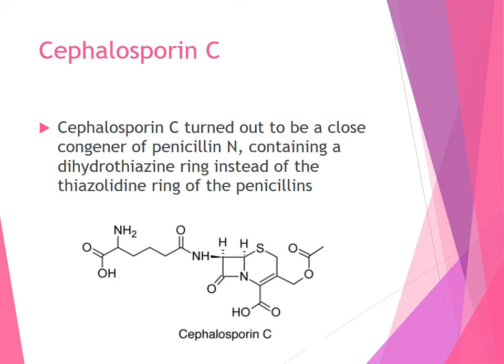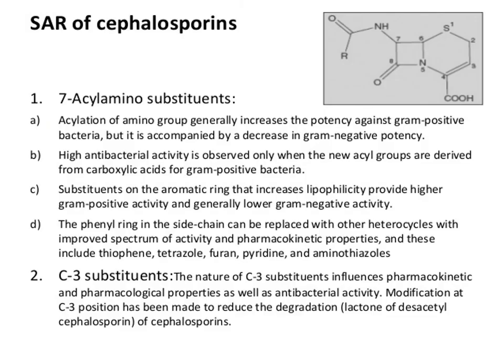Next, we have cephalosporin C. Cephalosporin C turned out to be a close congener of penicillin N, which contains a dihydrothiazine ring instead of the thiazolidine ring of the penicillin. So, the close congener of penicillin N is cephalosporin C.